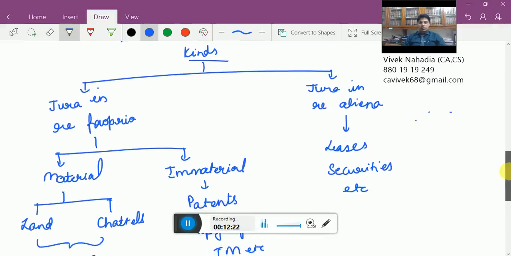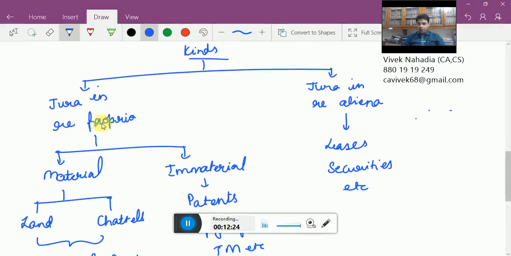There are two kinds of property: jura in re propria and jura in re aliena. Jura in re propria is divided into two: material and immaterial. Material means land and chattels. Chattel means any tangible asset except land, whether movable or immovable, doesn't matter.